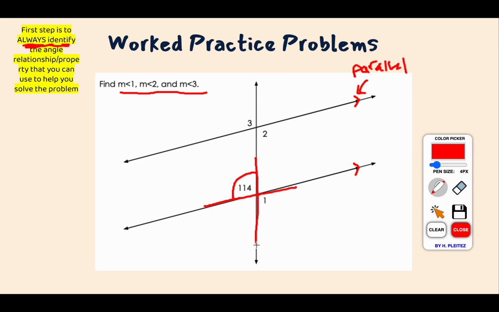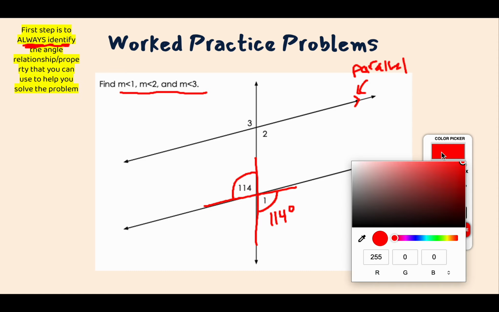I see vertical angles. So if I see this angle is 114, I know that this angle is also going to be 114 because they are vertical angles. Now, I'm given that my lines are parallel. So if I know my lines are parallel, I can look for alternate interior angles, alternate exterior angles, corresponding angles, and I know all three of those angle pairs are going to be congruent to one another.